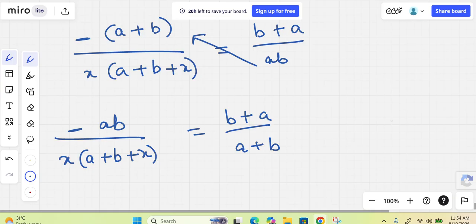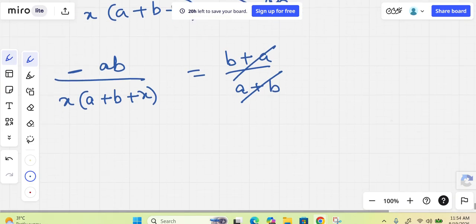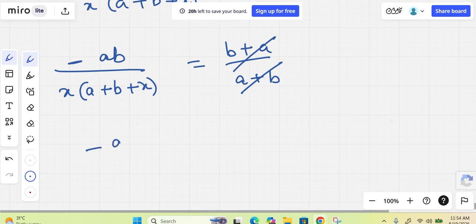It can cut. It will get cut and it will become 1. Now what? Minus ab equal to x into a plus b plus x. X square.